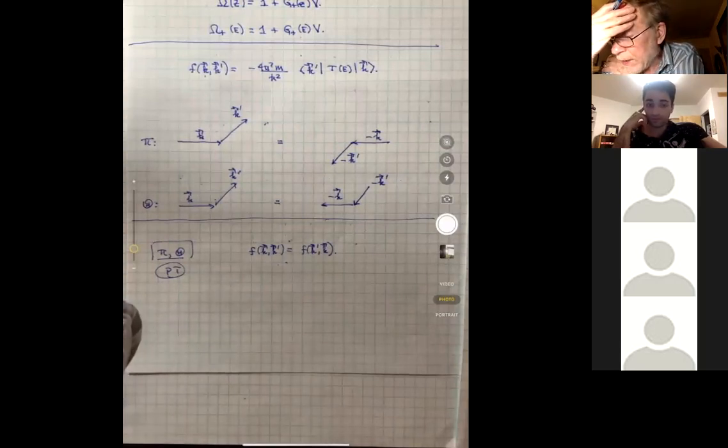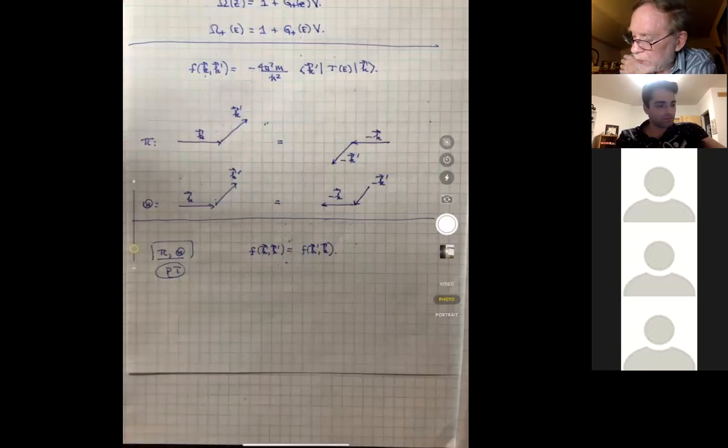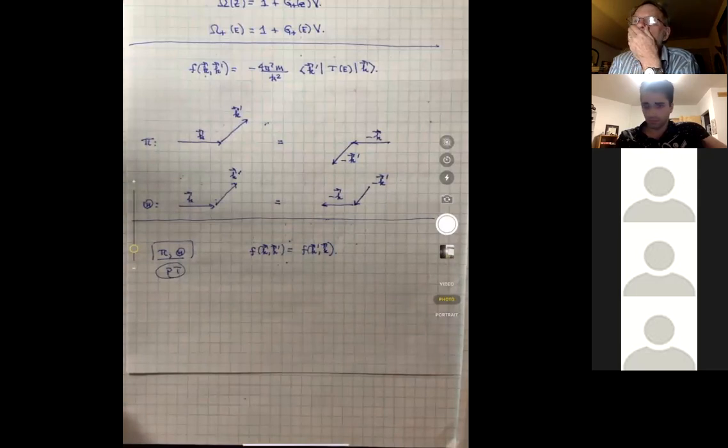In any case, you're asking about the scattering wave function. Well, the wave function is not a function of two Ks. The scattering solution is a function only of the incident K. It seems intuitively clear from the name that the incoming should be the same as the outgoing, but I don't know if that's actually true. The scattering solution doesn't really have an outgoing K. It has an incoming K, and that's all.